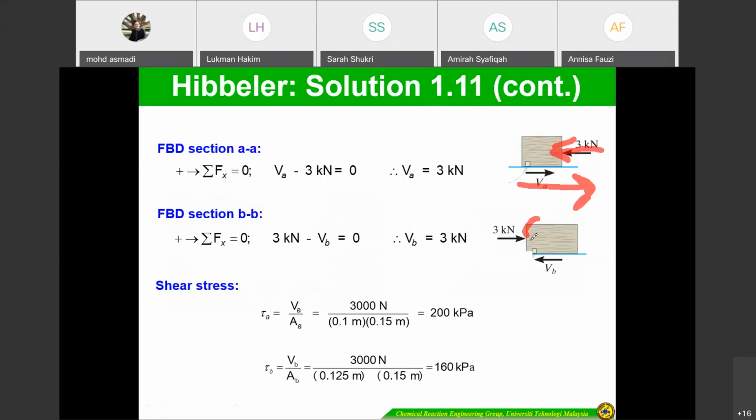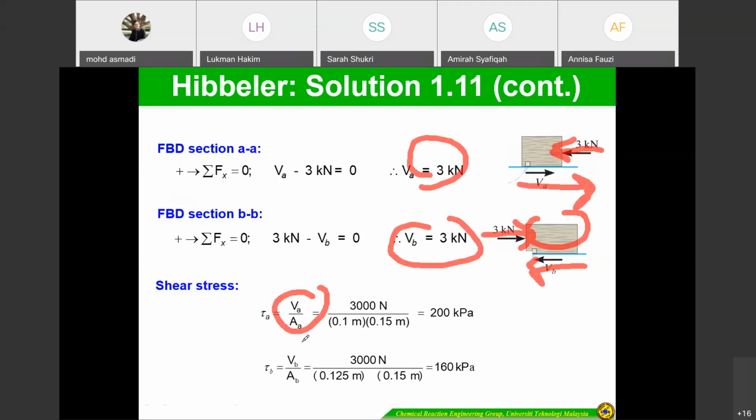Similarly for section BB, you introduce force in this direction, and the opposite direction for the shearing. V is the internal force. So you just calculate VA and VB in the X direction, and you can calculate the shearing stress.